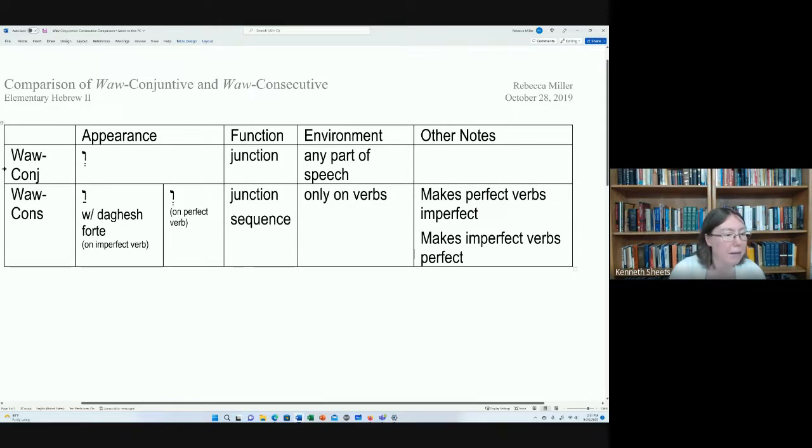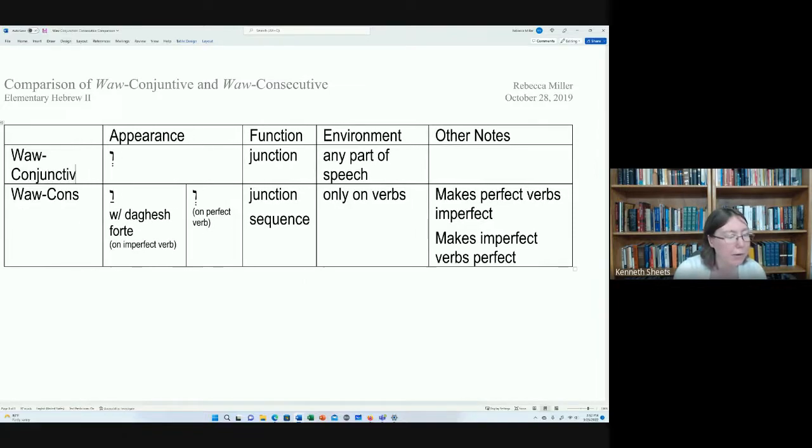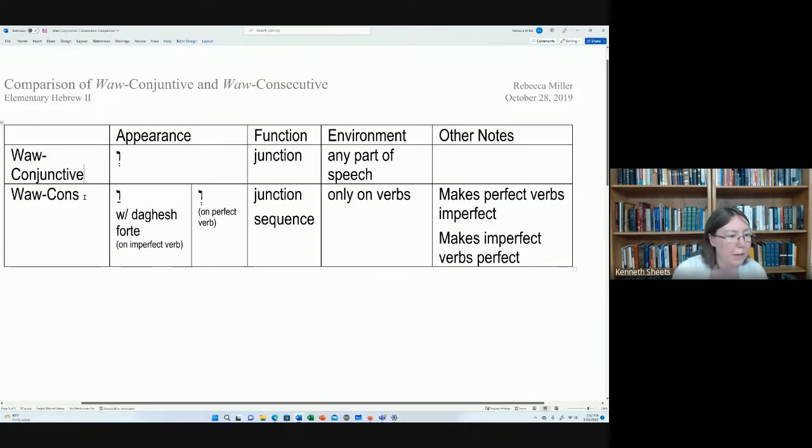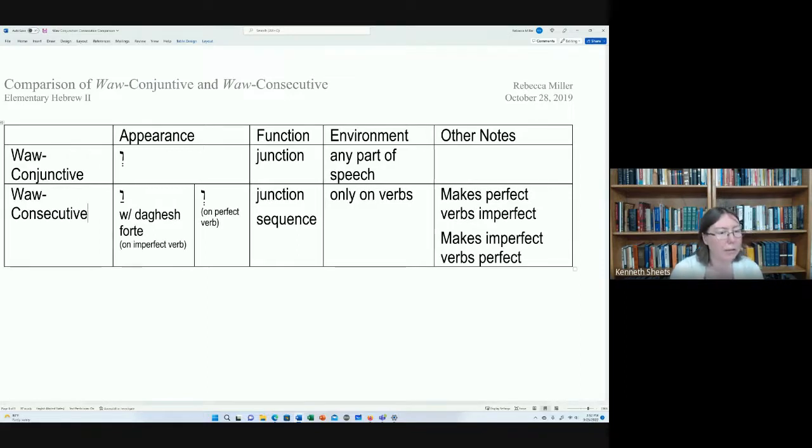So we have then what we call the wow conjunctive, and then we also have a wow consecutive, and I'm just going to go ahead and spell both of those out for right now. When we are dealing with a wow conjunctive, this is, of course, a conjunction.